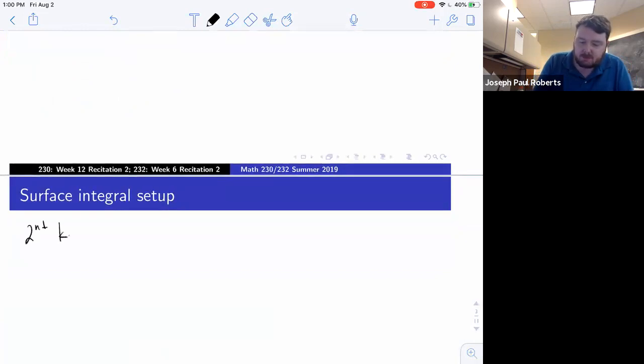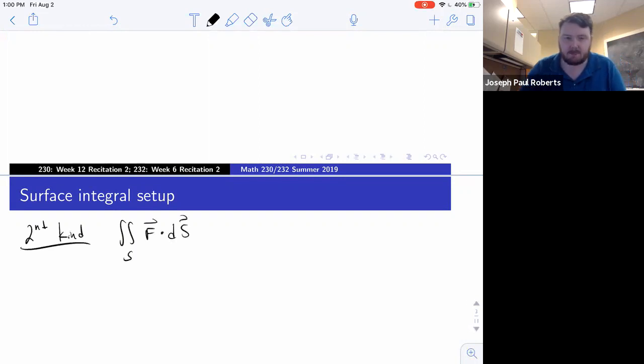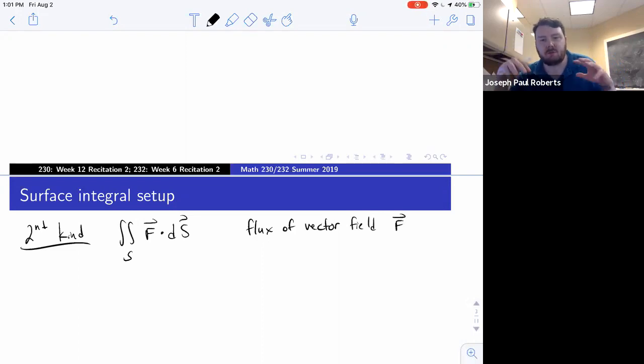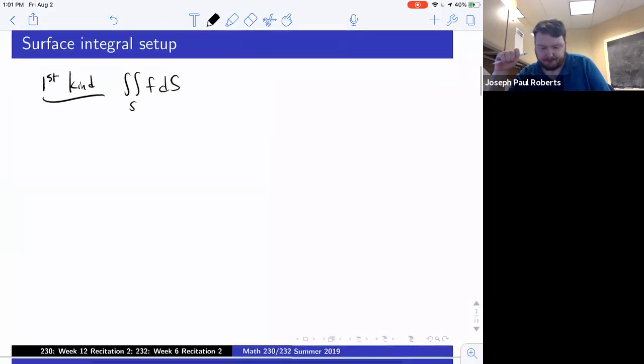So let's just separate these. So this is the flux of a vector field, which remember is basically measuring how much your vector field arrows are passing through your surface.